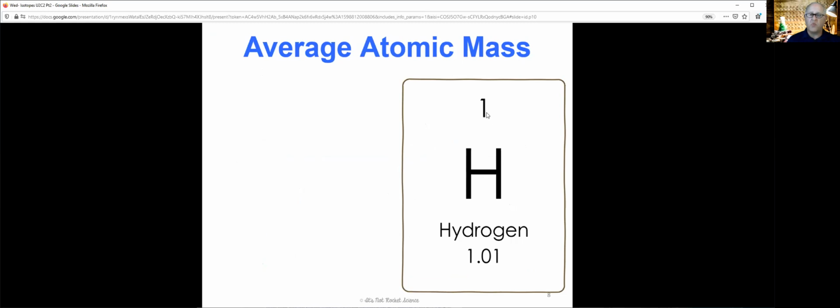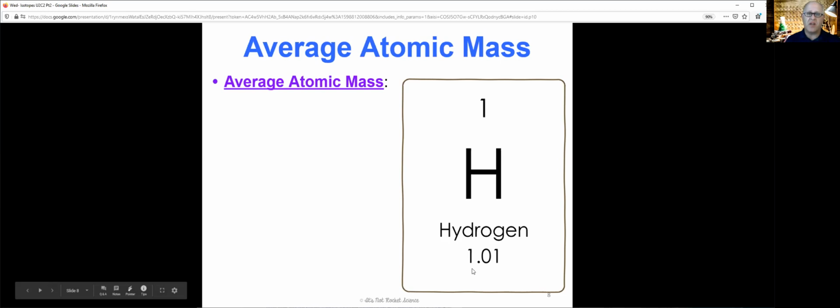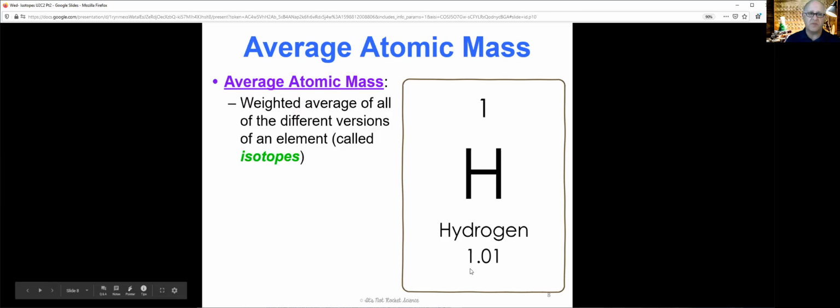We have the number 1 representing the atomic number and also the number of protons and the number of electrons. And then we have down here this other number. It shows 1.01. And that is the average atomic mass of the most common isotope of hydrogen.